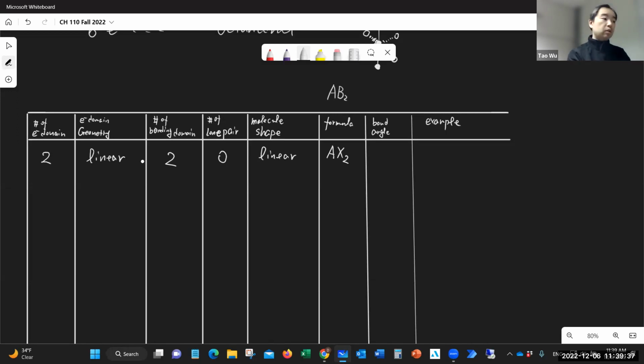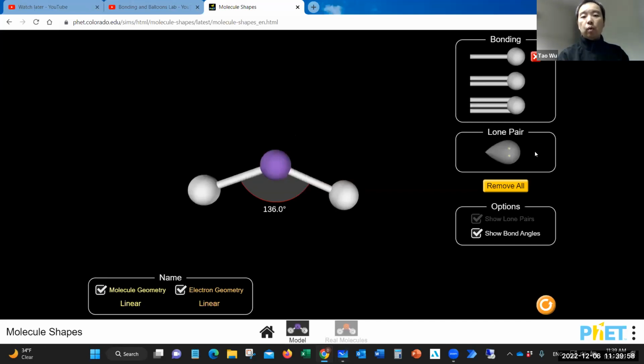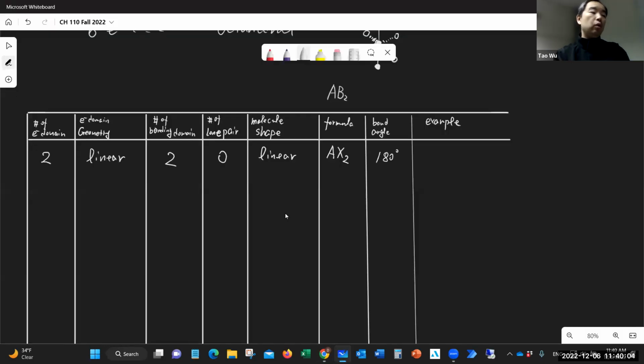It means that A is the central atom and X is the side atoms, and there are 2 side atoms to represent the 2 electron domains, okay? And the bond angle will be 180 degrees, right? If it's a linear shape, it has to be 180 degrees. So this is very straightforward.